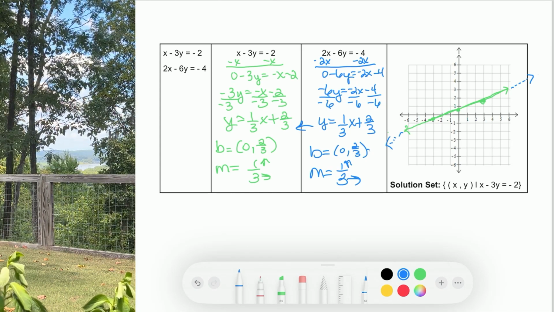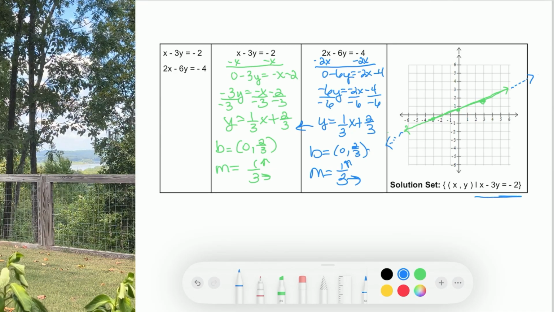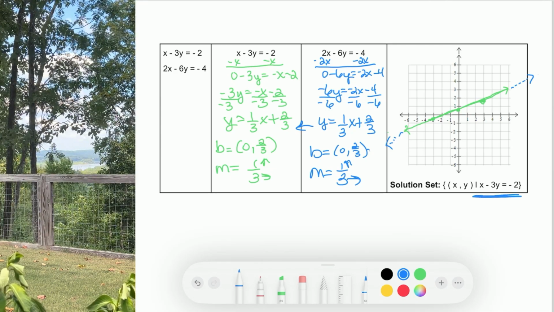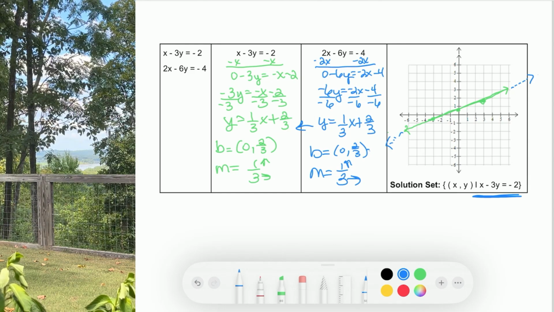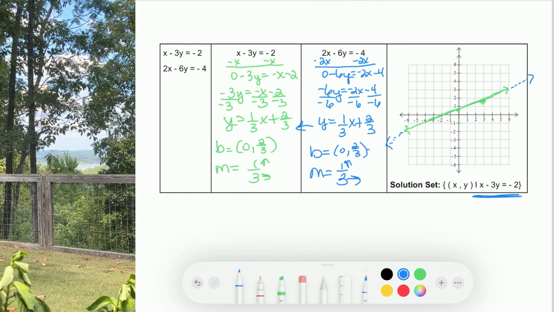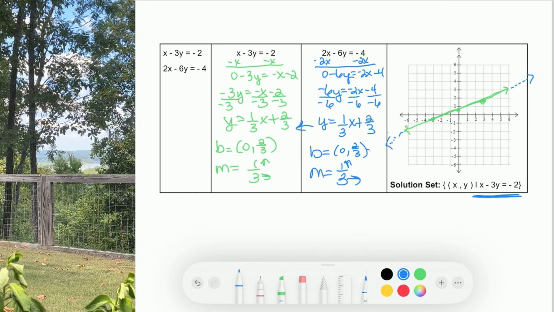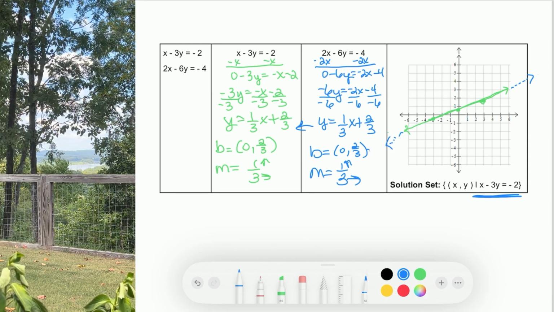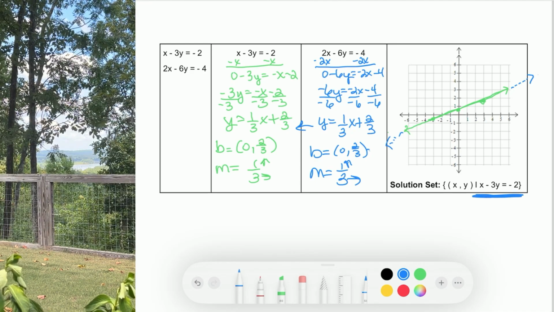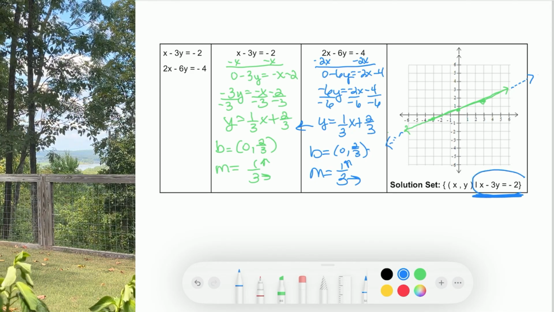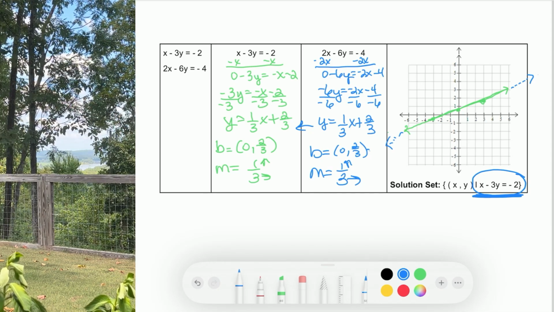So their solution set is going to be written with the line in it. And that indicates that it doesn't matter what you put in for x and y, it will always work. It will always land on that line because we're essentially only graphing the one line. So in your solution set, you would write the x minus 3y equals -2. That's how you would indicate that this is the same line and all solutions are included.